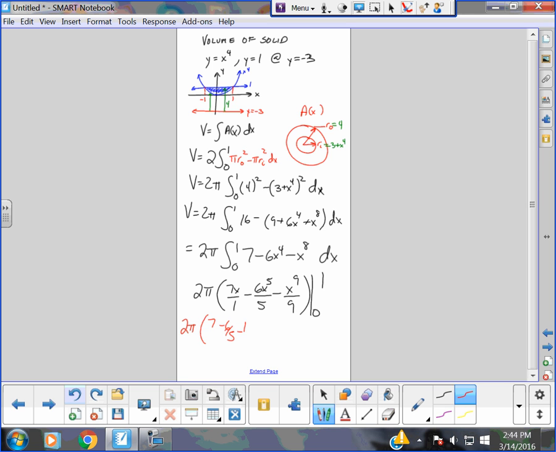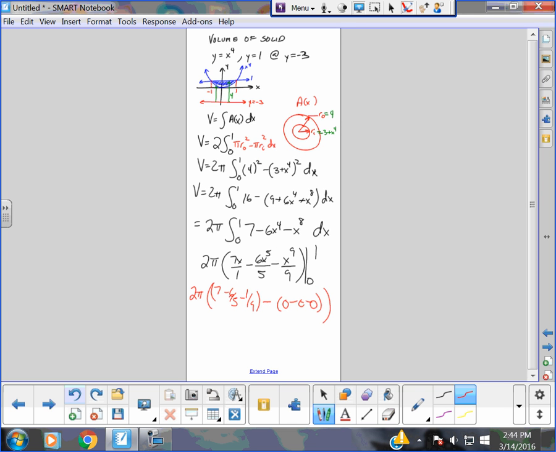7 minus 6 fifths minus 1/9, minus 0 minus 0 minus 0. So I know I plugged it in, but it goes away. 7 minus 6/5 minus 1/9. This is why calculators were invented. All right, so 35 minus 6 is 29/5. 29/5 minus 1/9. Oh, yuck.